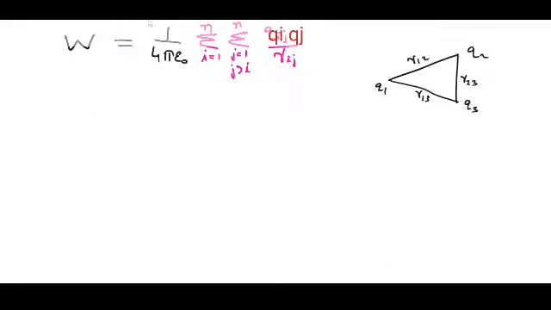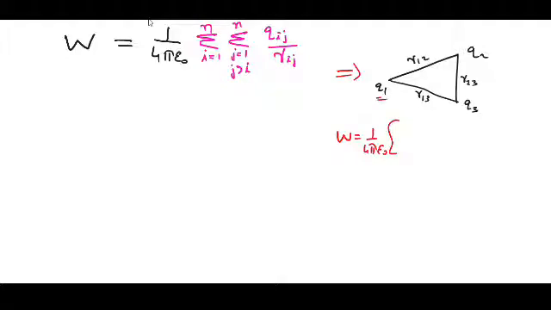I would like to draw your attention to this case. Here we have a system of 3 charges. The total work done to assemble these charges, or the total energy of these charges, can be written as 1 by 4 pi epsilon 0.